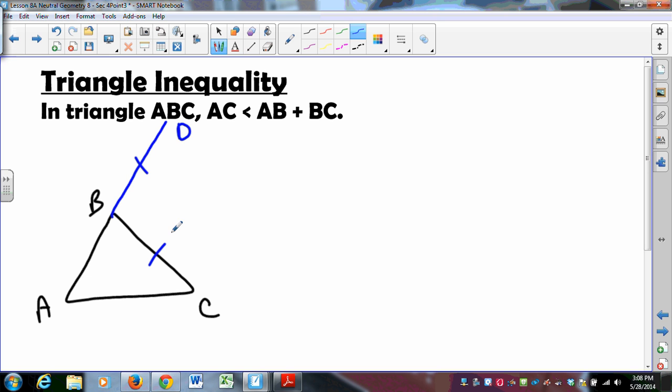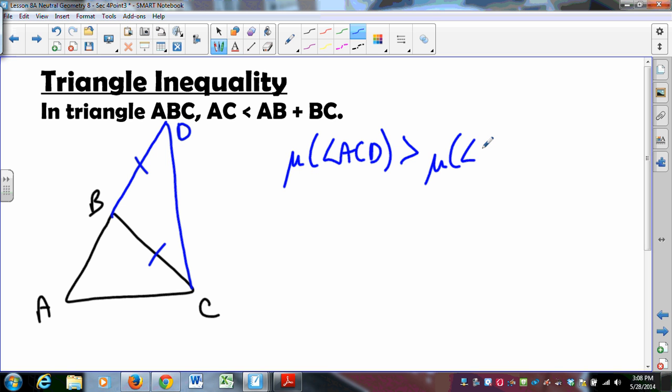Must. Therefore, connect the dots, the measure of angle ACD is greater than the measure of angle BCD, because B is in the interior of angle ACD. But wait a minute, BCD is just as big as ADC.